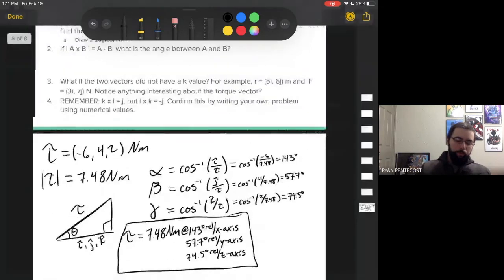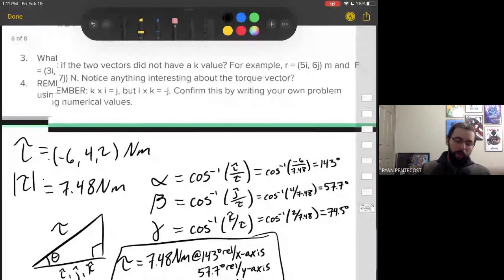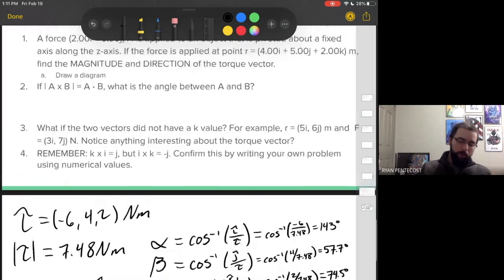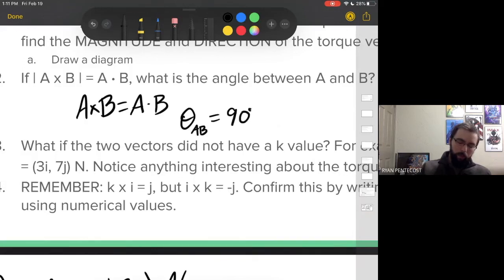Now, it then asks if the magnitude of A cross B equals A times B, what is the angle between A and B? If that were the case, the angle between A and B must be 90 degrees.